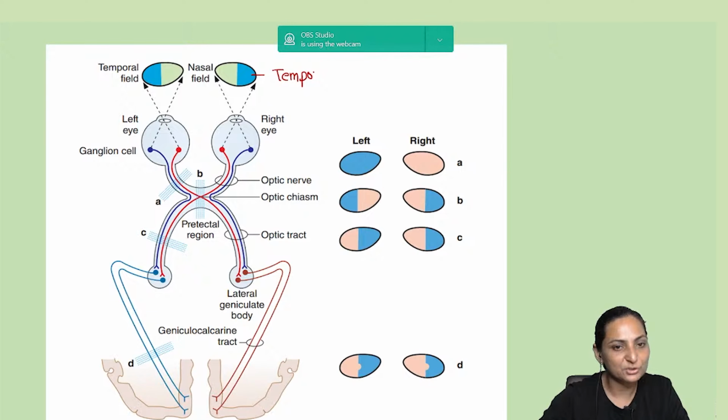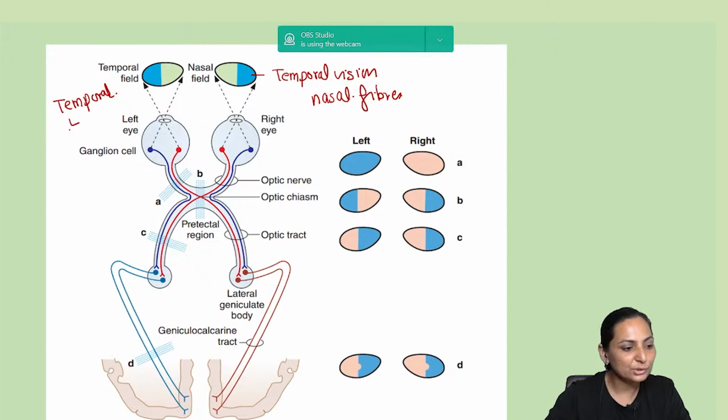Whereas the temporal fibers are going to form the nasal side of the vision. This is something which is to be importantly known to us.